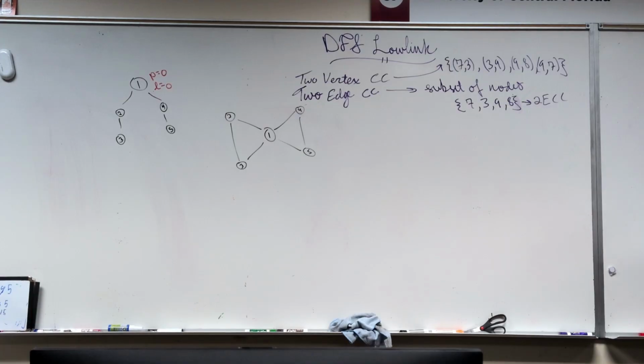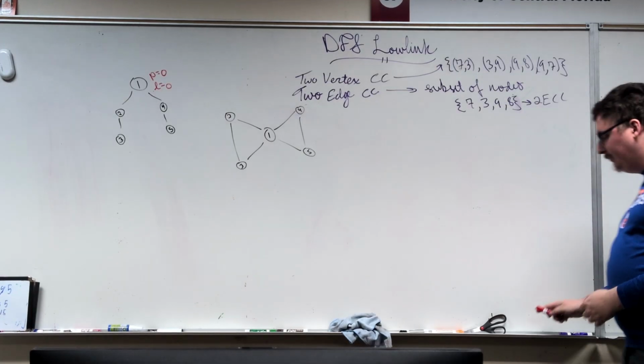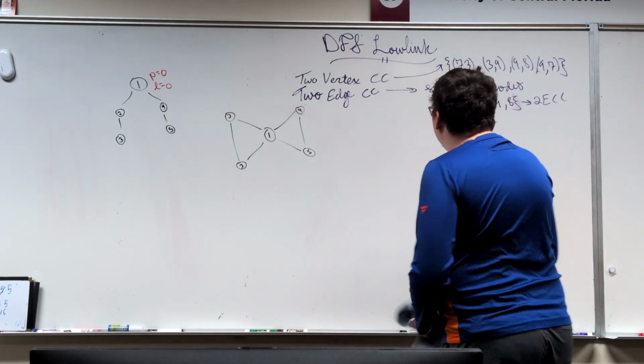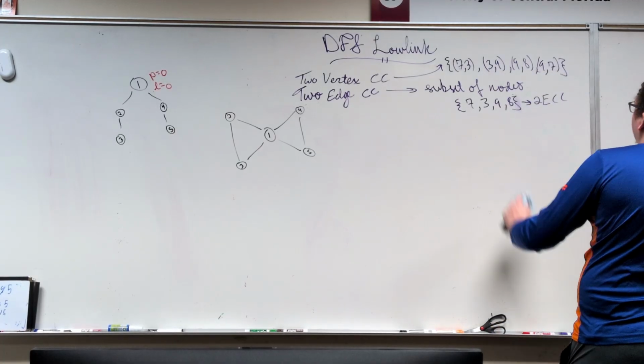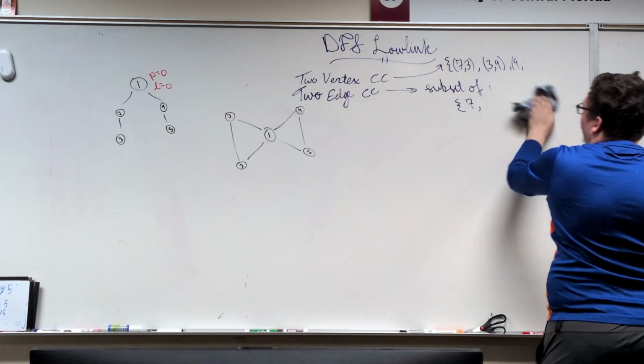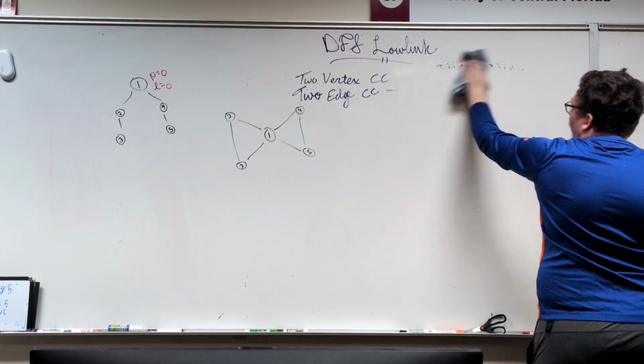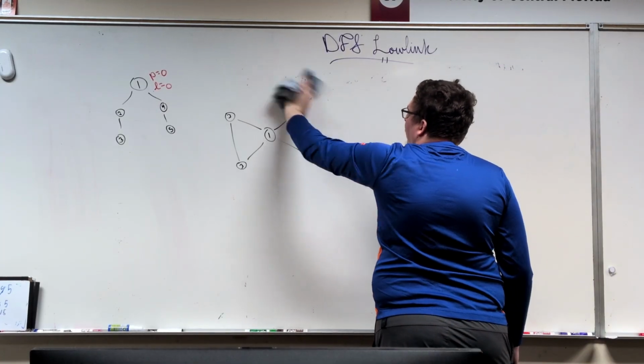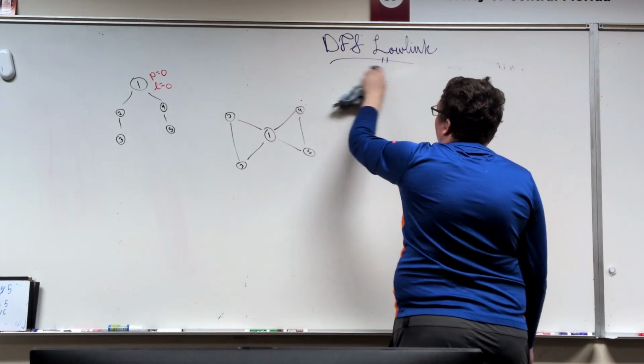So there's one more type of connecting component I want to talk about today, and that is in relation to directed graphs. Both 2 VCCs and 2 ECCs are only defined on undirected graphs.